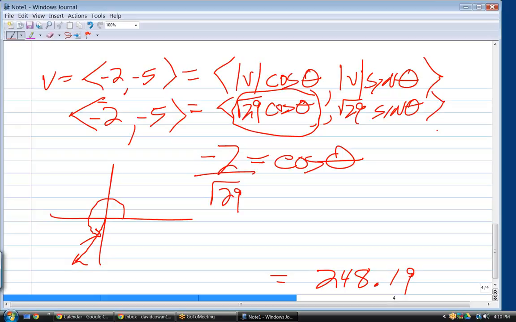111.8. Yeah. Hold on a moment. I'm looking in their book. They've got minus 2 equals root 29 cosine of our angle. And they solve for beta, but they subtract that from 360 without explanation.